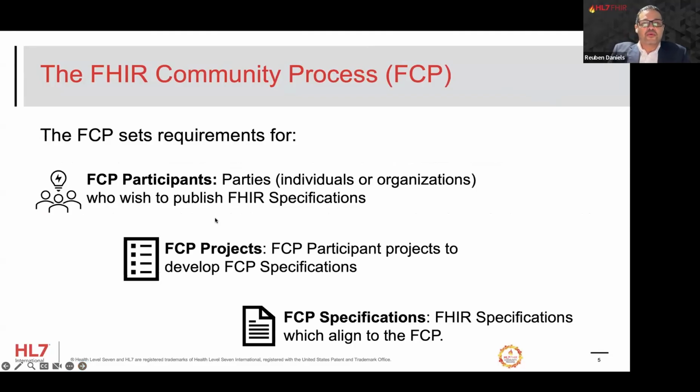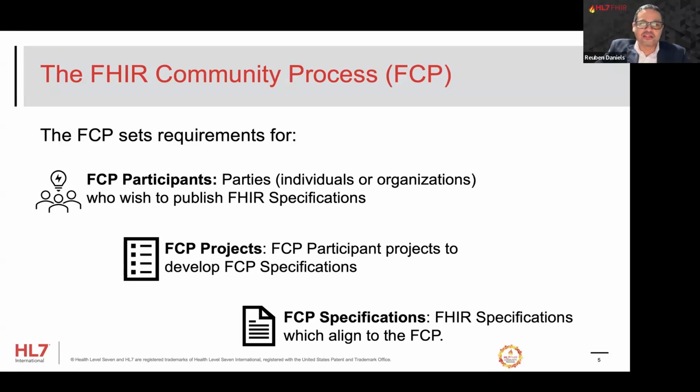Right. So the way the FCP works, as I said, it sets requirements. Those requirements fall into three broad categories. There are requirements for FCP participants. Those are parties or individuals or organizations who wish to publish FHIR specifications. The next category are FCP projects, and those are the projects which an FCP participant initiates to develop FCP specifications.